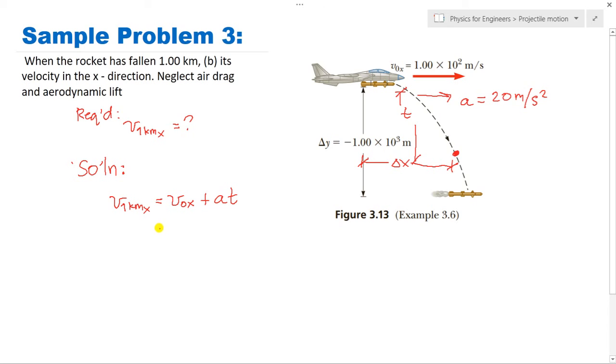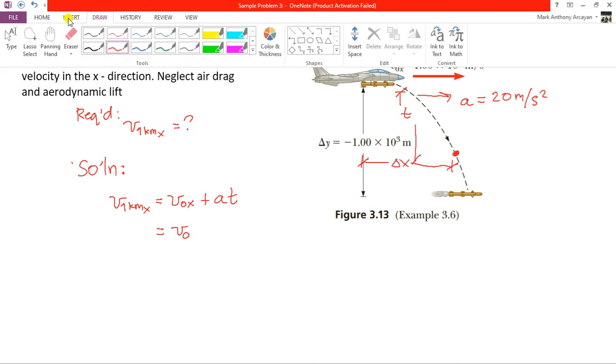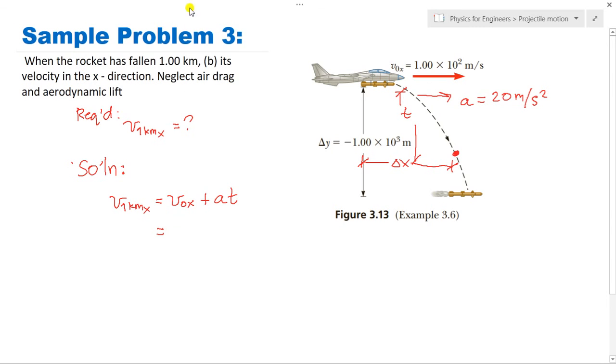So therefore, this is just equal to the initial velocity, cosine of 0, 0 na. So Vox is 100 meters per second, no? Oo, 100 meters per second. So sulat natin Vox. Wait lang. So just plug in direct na lang sa values. So we have here Vox is 100 meters per second.